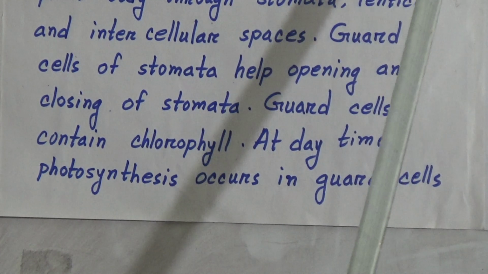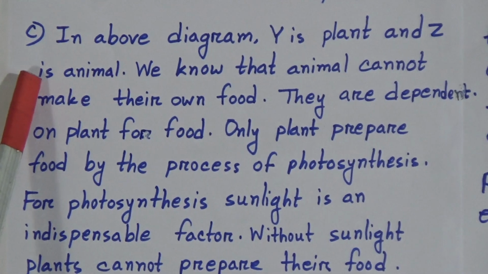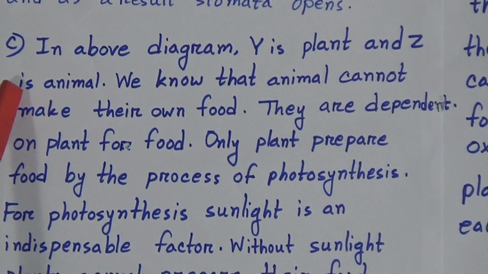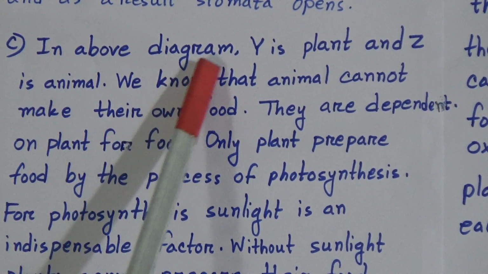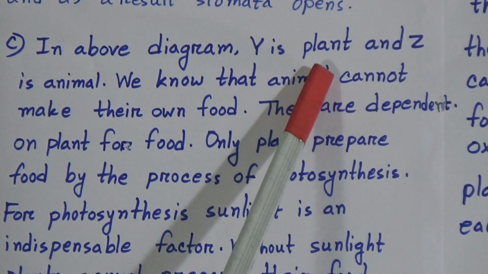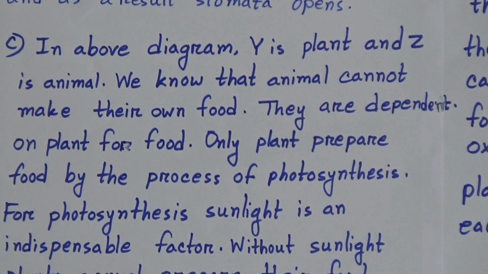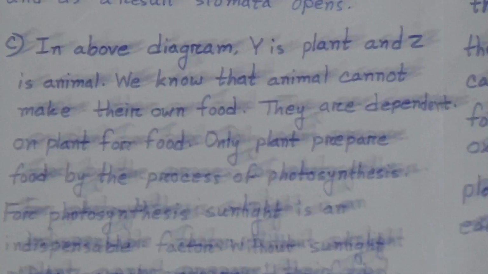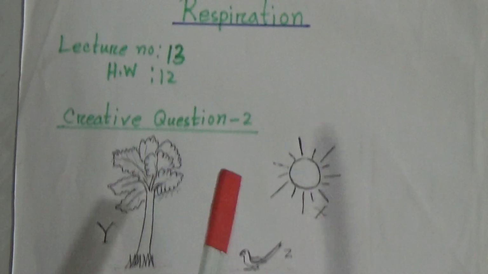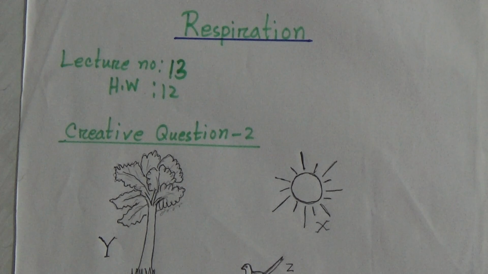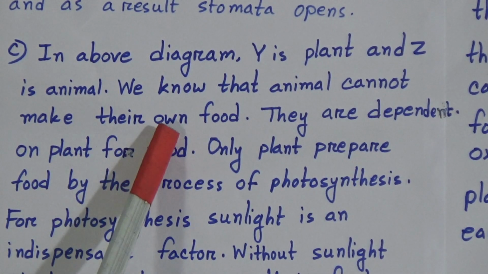Now C number answer. Question was, which one of Y and Z utilize product of X? Explain. Answer is, in above diagram Y is plant and Z is animal. We know that animal cannot make their own food.